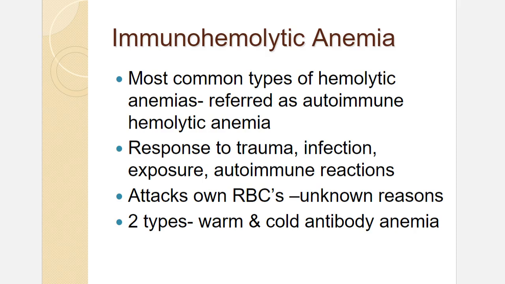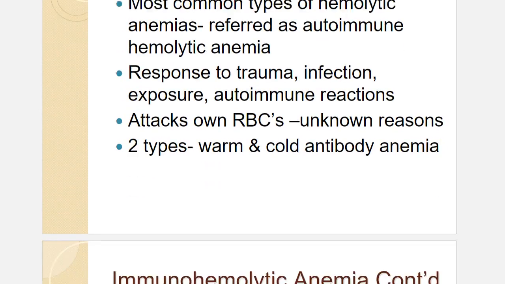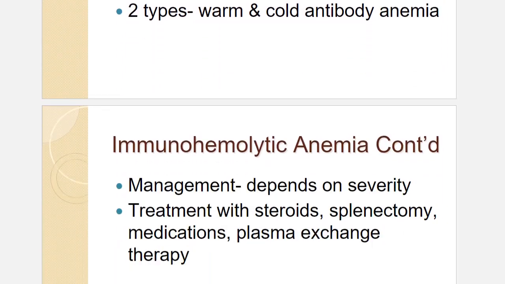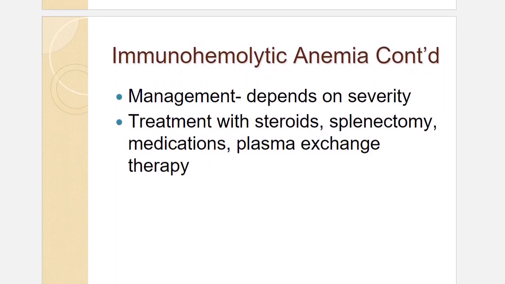What we see happen with the warm antibody anemia is that it usually happens with patients that are 50 years or older, okay, that actually the immunoglobulin, IgG, attacks the red blood cells when they react at temperatures of 37 degrees or greater, okay?